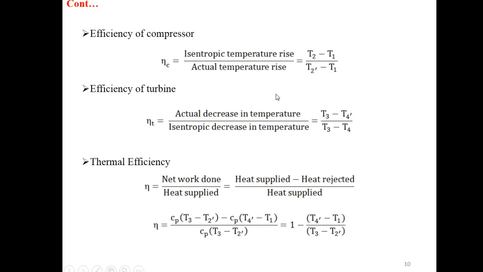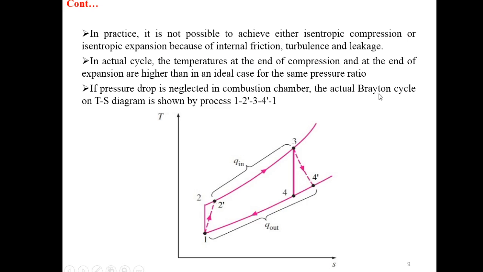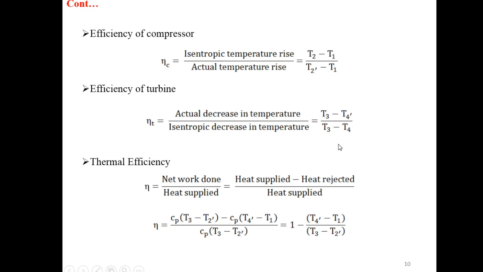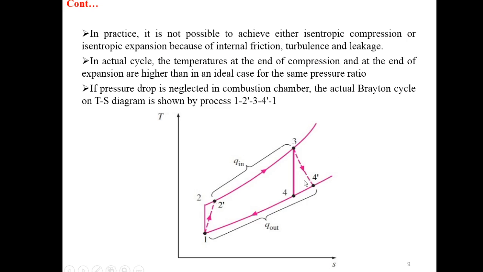The efficiency of the turbine will be equal to actual decrease in temperature divided by isentropic decrease in temperature. So the actual decrease in temperature will be T3 minus T4 dash, and the isentropic decrease in temperature will be T3 minus T4.